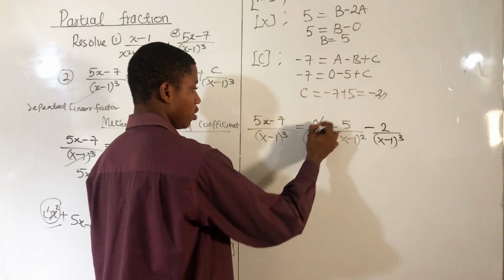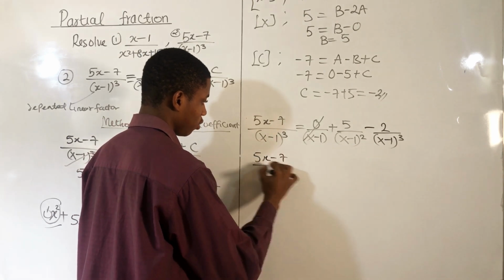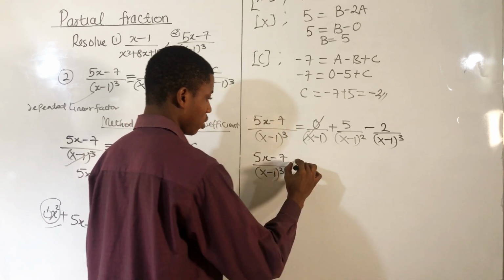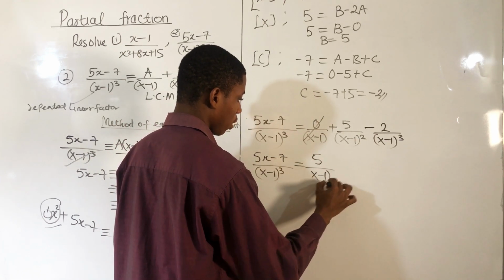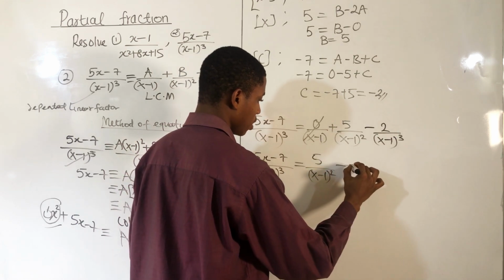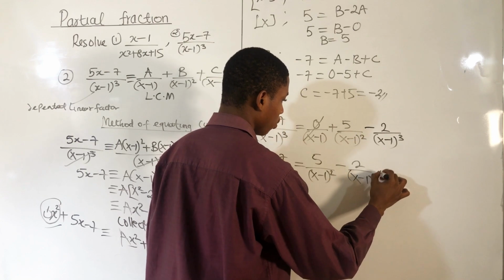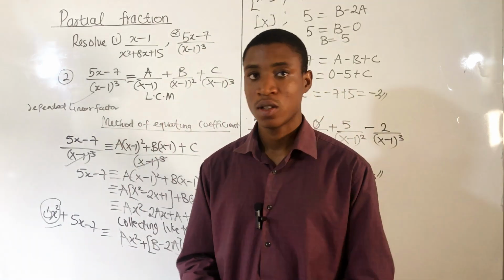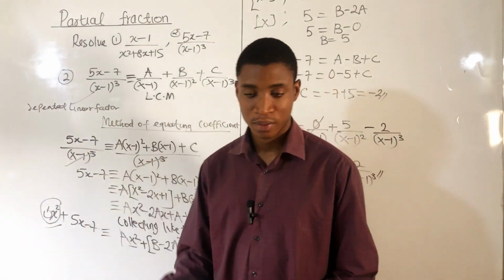What do you notice? This will go out. So you just have 5x - 7 over (x-1) cubed is equal to 5 over (x-1) squared minus 2 over (x-1) all cubed. So this is the method of finding this using the repeated linear factor. Thank you very much.